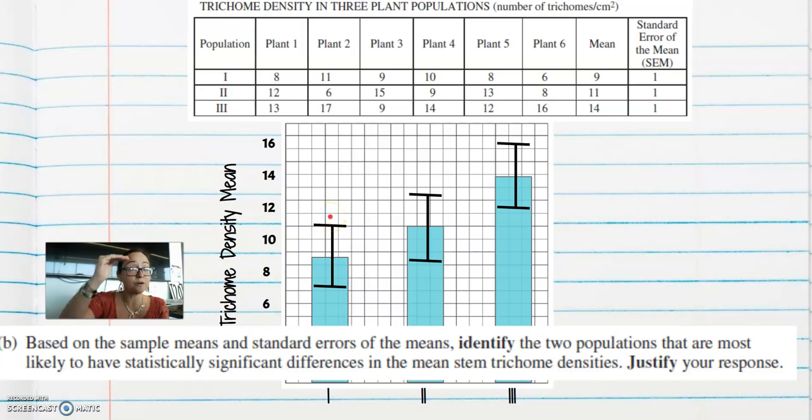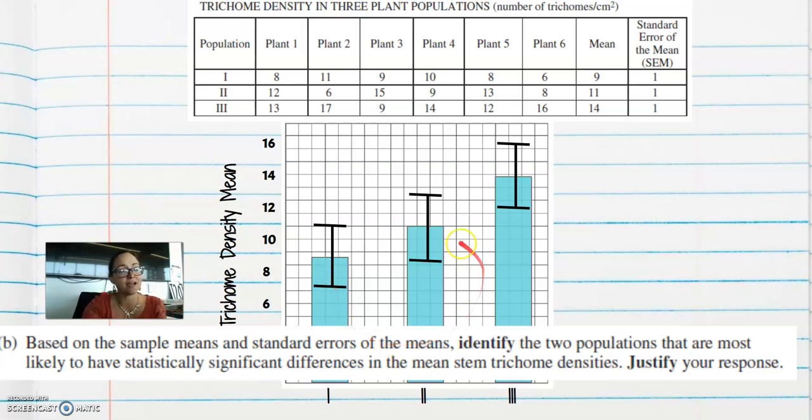You have to add 2 of them. Then I would go minus 2, so I start at 9 and go from 8 to 7. So I have plus 2, minus 2 standard errors of the mean, and that shows with 95% confidence that the actual population trichome density falls within that range.